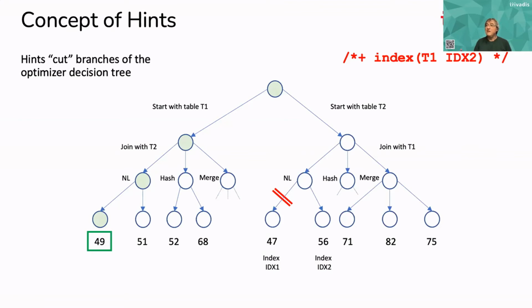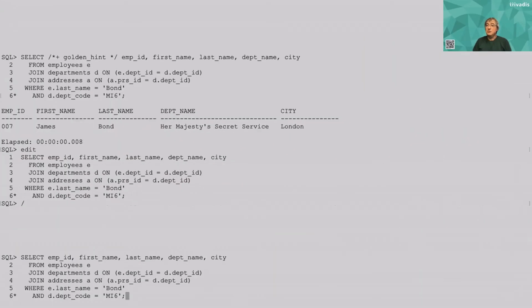So take care if you use hints, because it's not always guaranteed that these hints are really used. Sometimes it seems that they are ignored. In this case, we also have to include another hint, for example, leading, to say that this table is the driving table, and then we are lucky that the right execution plan is used.